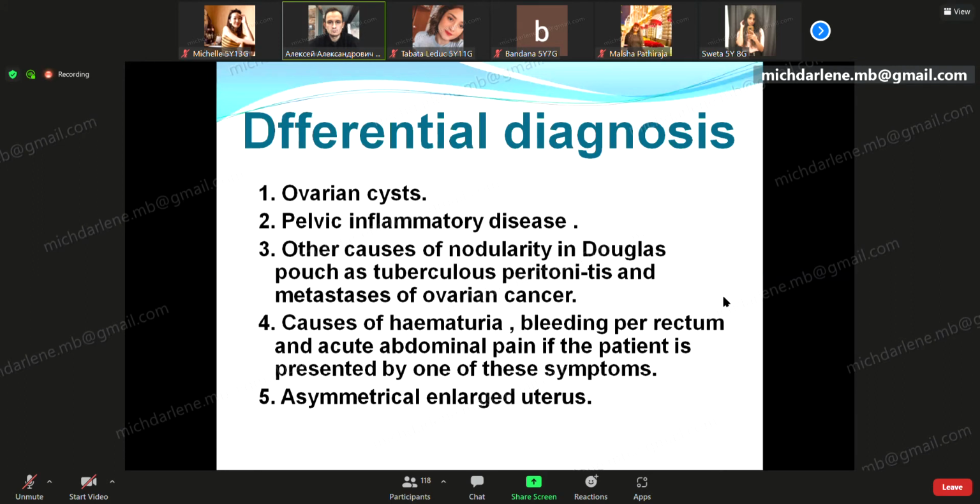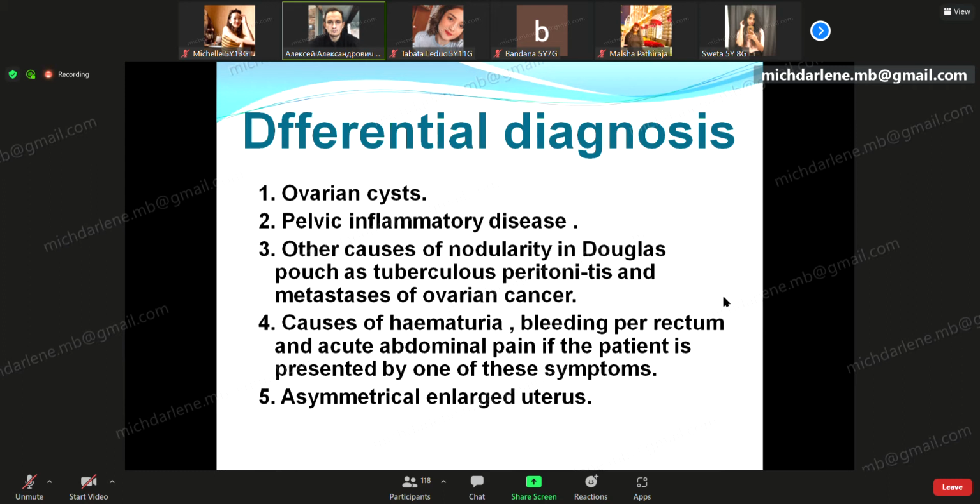Differential diagnosis should be between different disorders, but guys, it's just for your understanding. Sometimes it could be an endometrioid cyst or a non-endometrioid cyst, so we need to think about what type of cyst that person has.